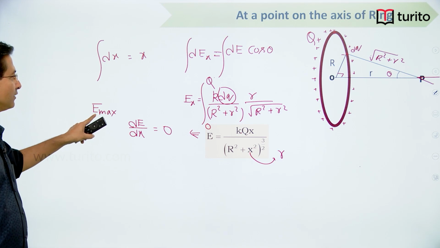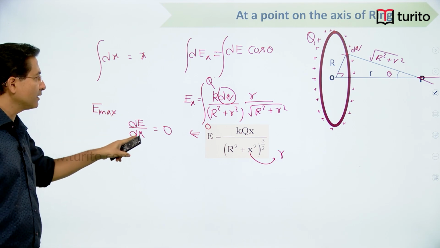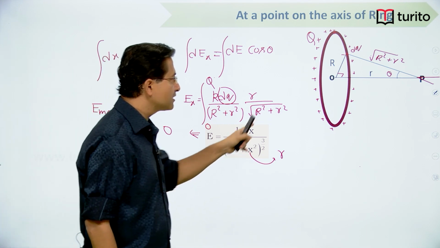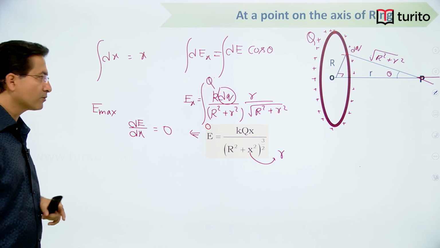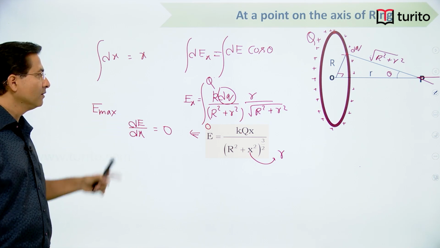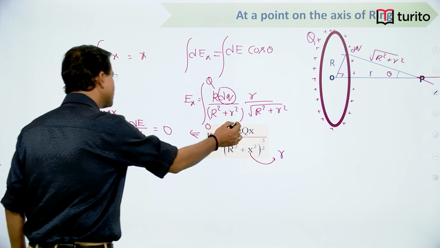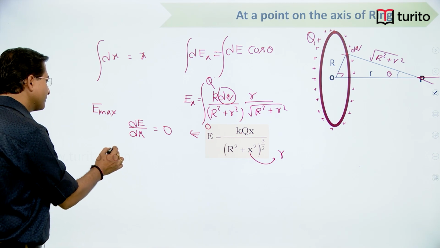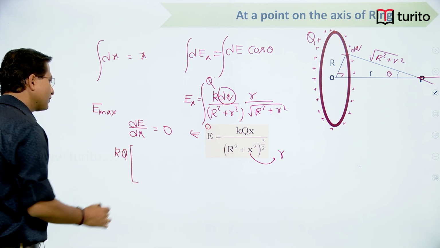To get the electric field's maximum value, we need to first find the location where the field is achieving its maxima. To do so, we can use the concept of maxima and minima. As the field is achieving its maxima, we will differentiate this function and equate it to 0, right. These two are constant, so I can take k and q out and then I will differentiate the function.